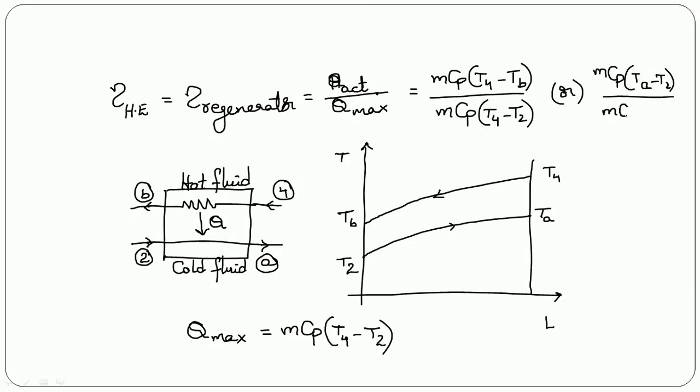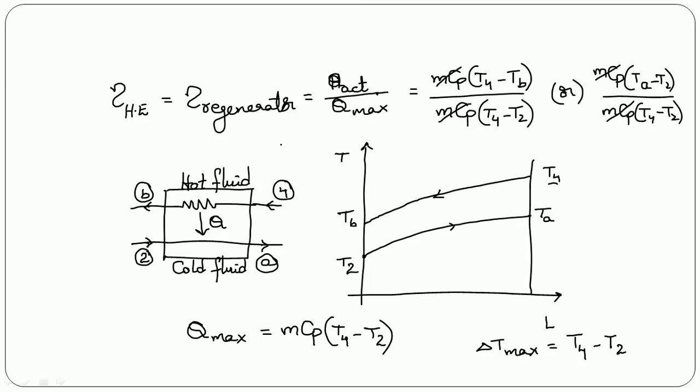We need to consider this as the maximum possible heat transfer. In order to have maximum possible heat transfer, we need to have maximum temperature difference. So maximum temperature difference, delta T max, is nothing but maximum temperature minus minimum temperature of the heat exchanger. Maximum temperature is T4 and minimum temperature is T2. That's why we have written T4 minus T2.